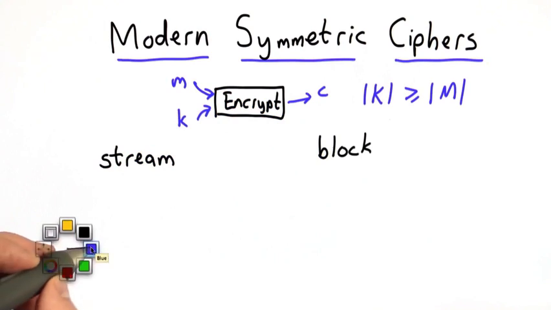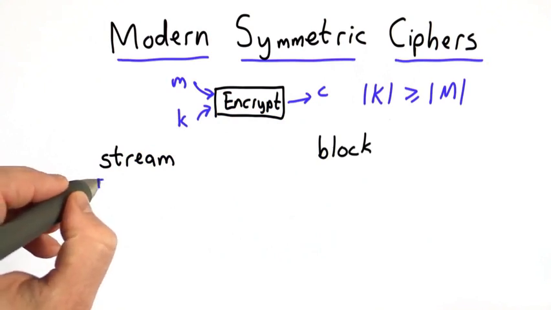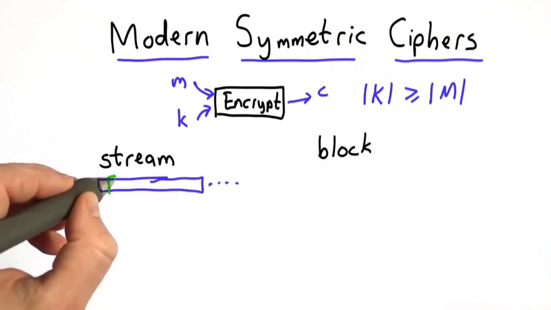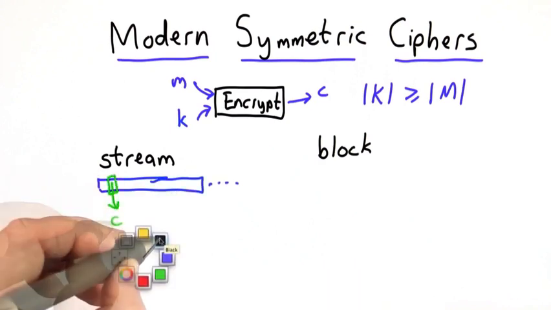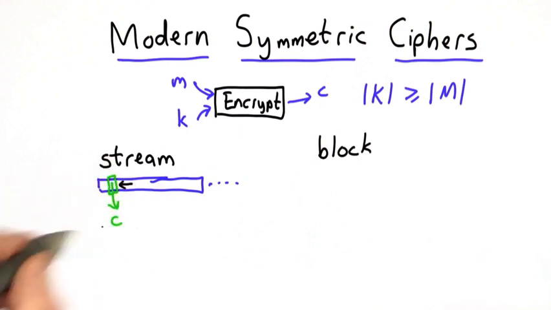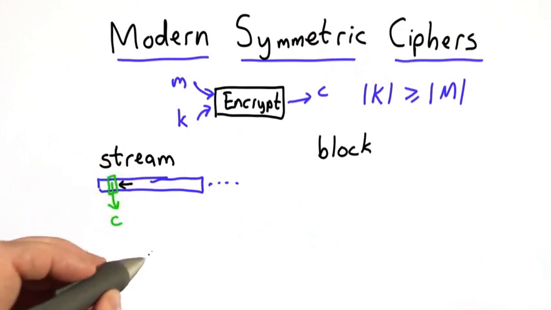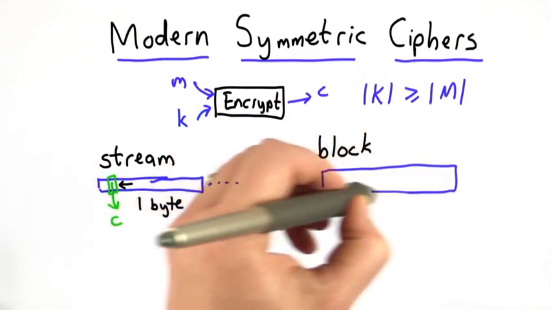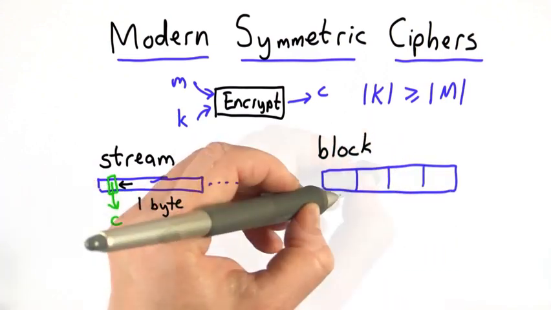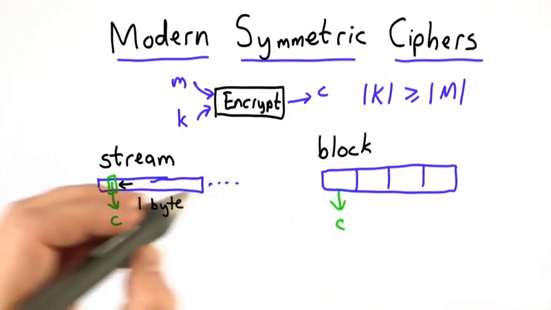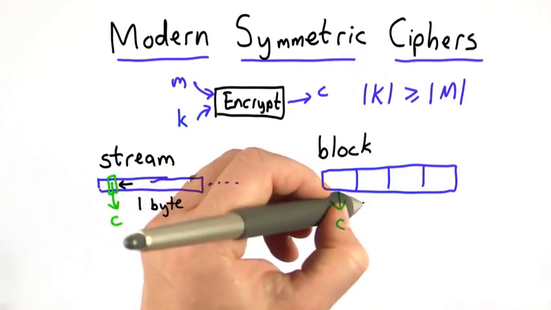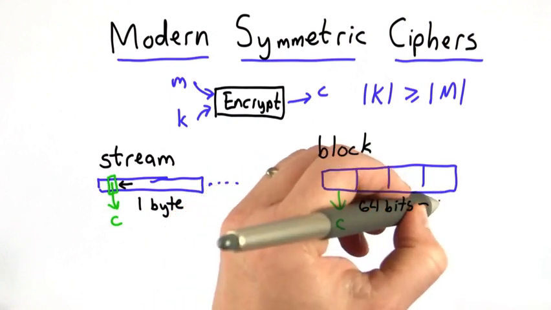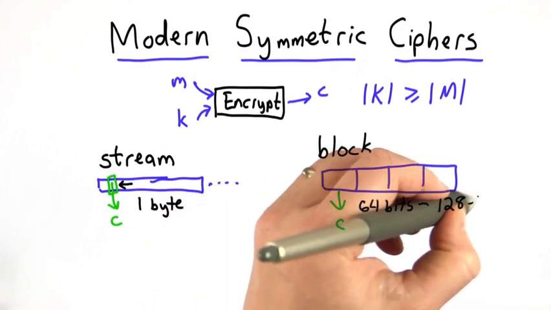The difference is, with a stream cipher, we've got a stream of data, and our cipher can encrypt small chunks at a time. You can think of the data streaming through the cipher, encrypting usually at the level of 1 byte at a time, whereas with a block cipher, we think of our data in larger chunks, and the cipher encrypts a block at a time, and usually a block size is at least 64 bits, can be longer, up to 128 or 256 bits.